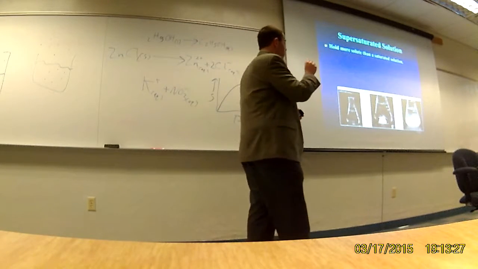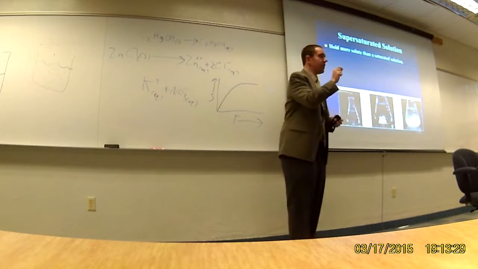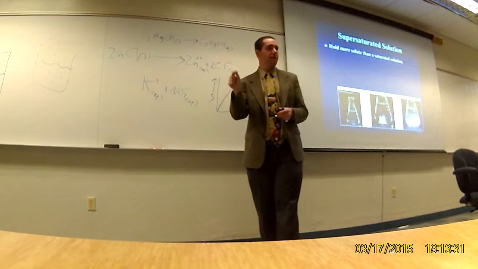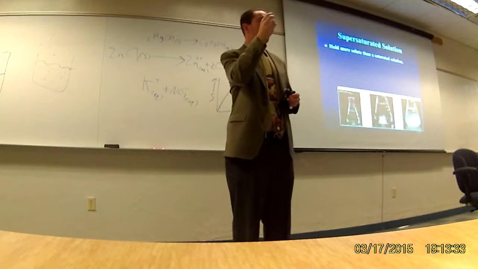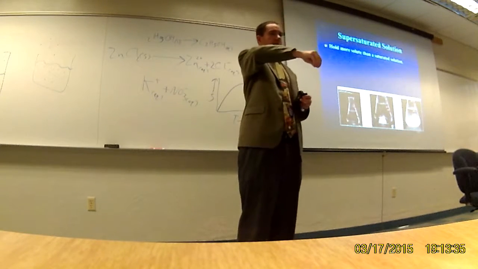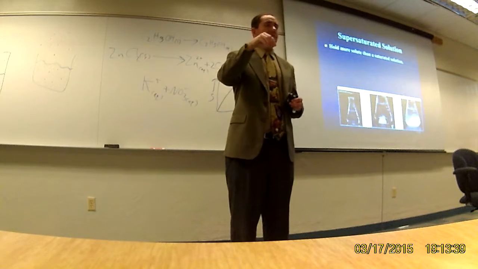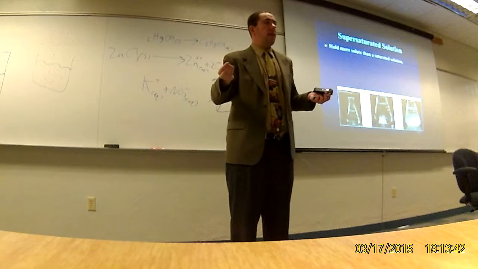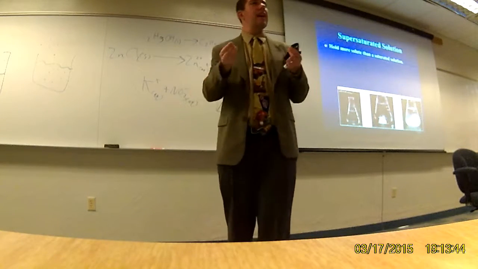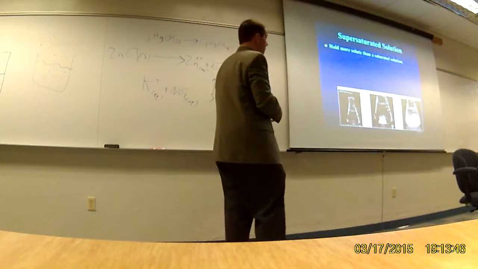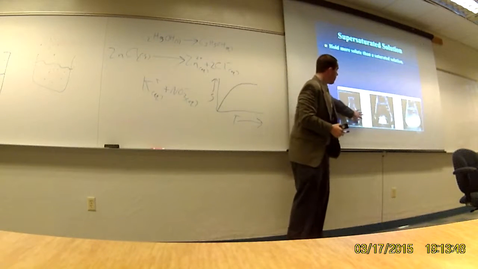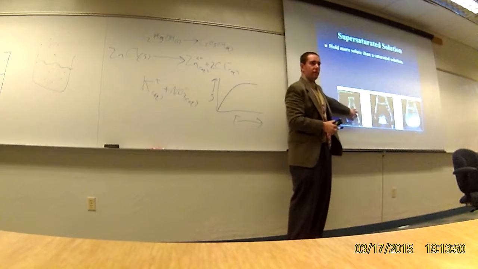What happened was, for a crystal to form, it has to have something called a nucleation site. A crystal has to form on another crystal. If there's nothing in there for it to form on, it can't form a crystal, even if it wants to. So this is a supersaturated solution.